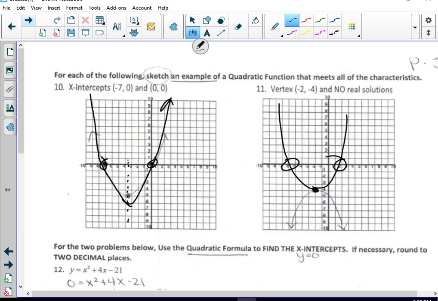Now, don't take that to mean no real solution means upside down. Because if I said that my vertex was up here at 7, 6, and I said no real solutions, then it would be up here, going positive. So that has nothing to do with positive or negative. It just means if it's got solutions, it's going to intercept the axis. If it doesn't have solutions, it's going away from the axis.